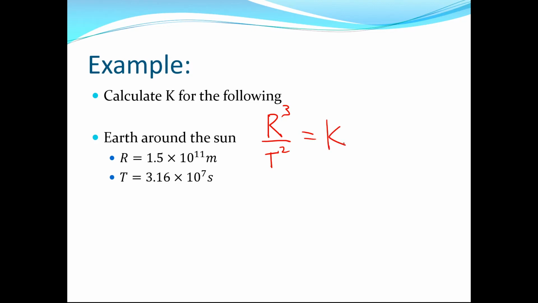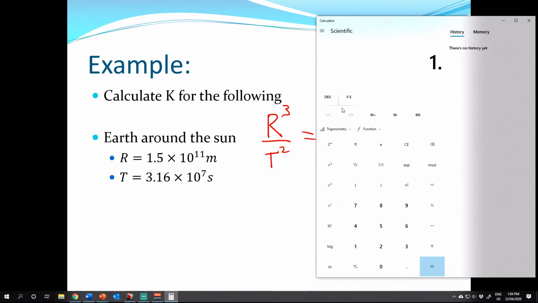Okay, so let's throw that into a calculator. So 1.5 times 10 to the 11, and then we are going to cube it, big number. And then we'll divide it by 3.16 times 10 to the 7, squared.